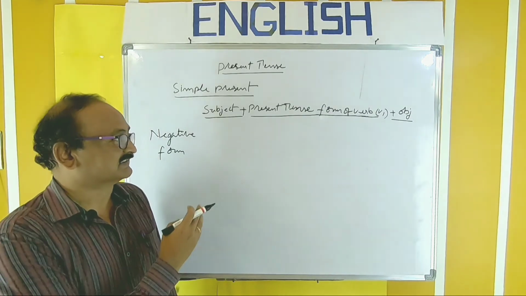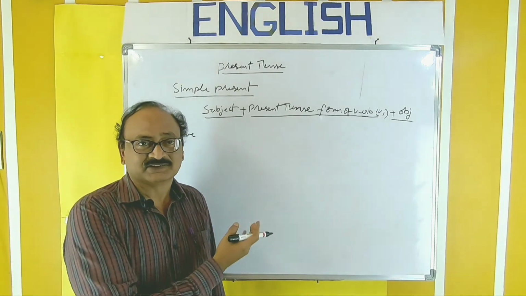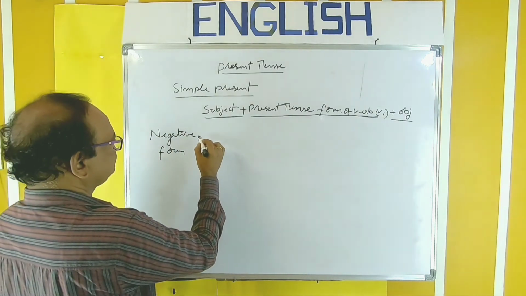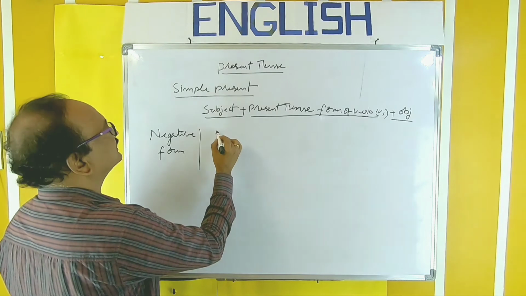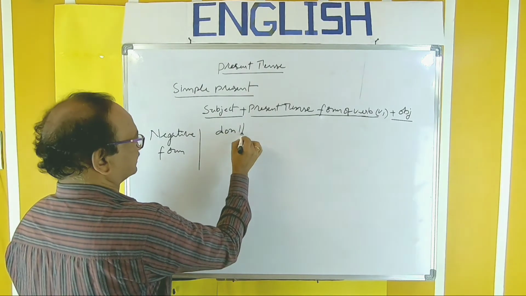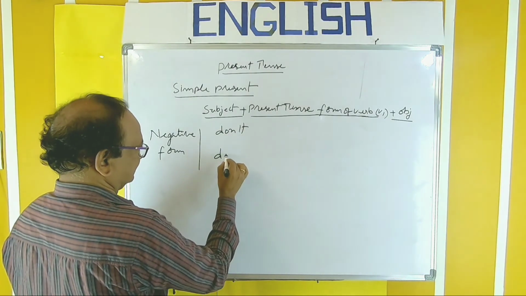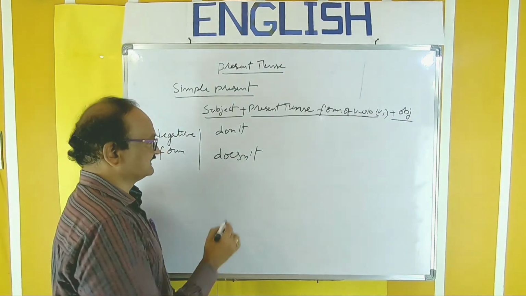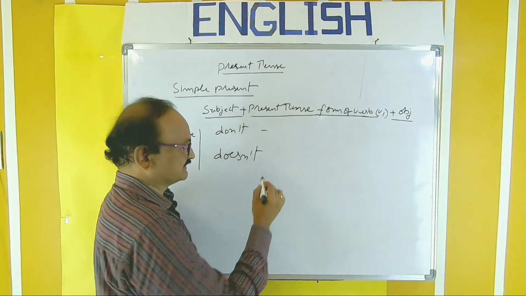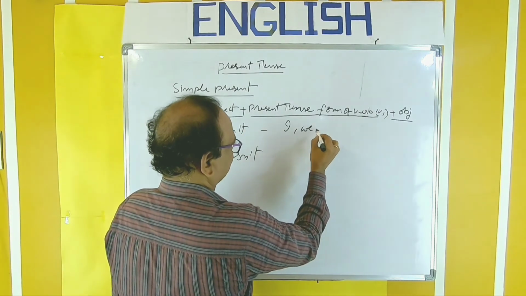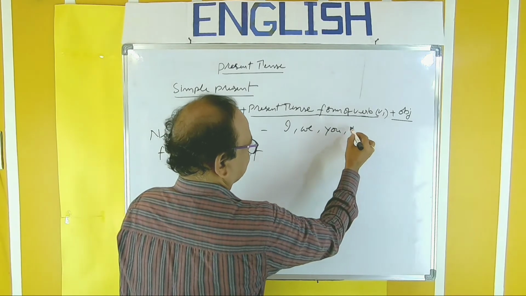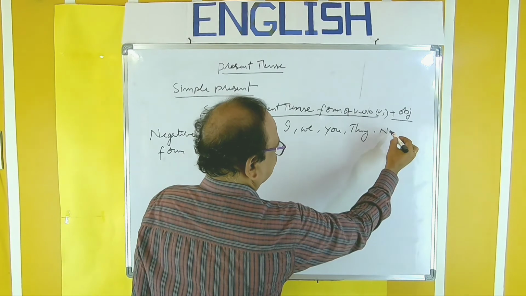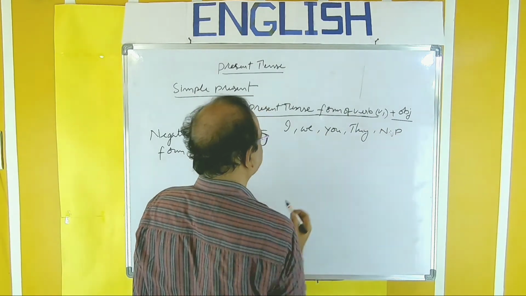Once you have learned that interrogative form, it's easy to learn negative form. In negative form, we have to use don't or doesn't. Don't is used with I, we, you, they, and of course all nouns in plural.